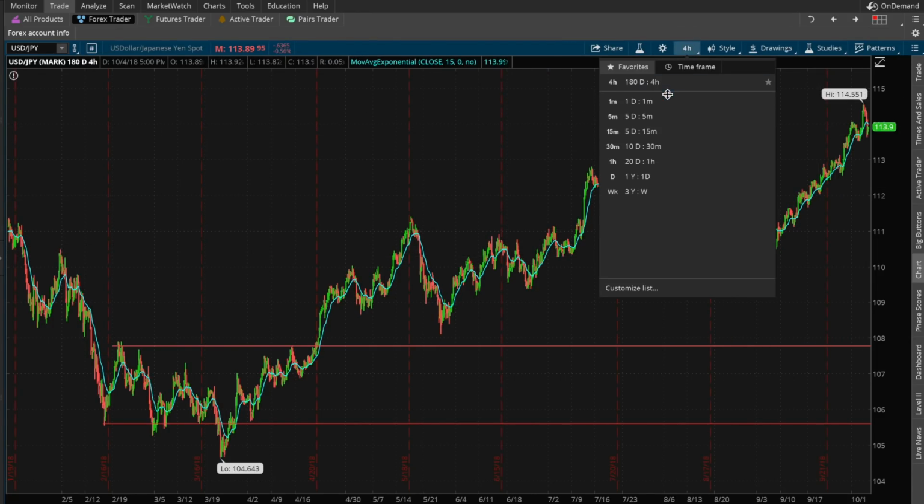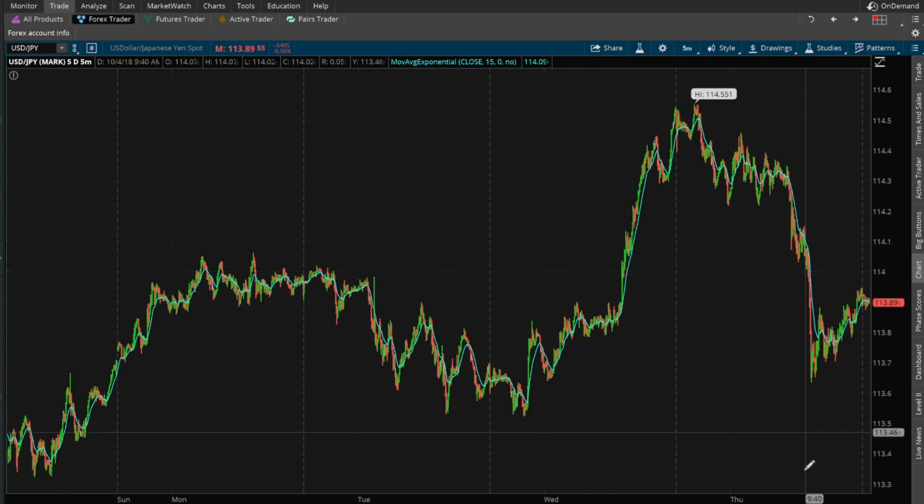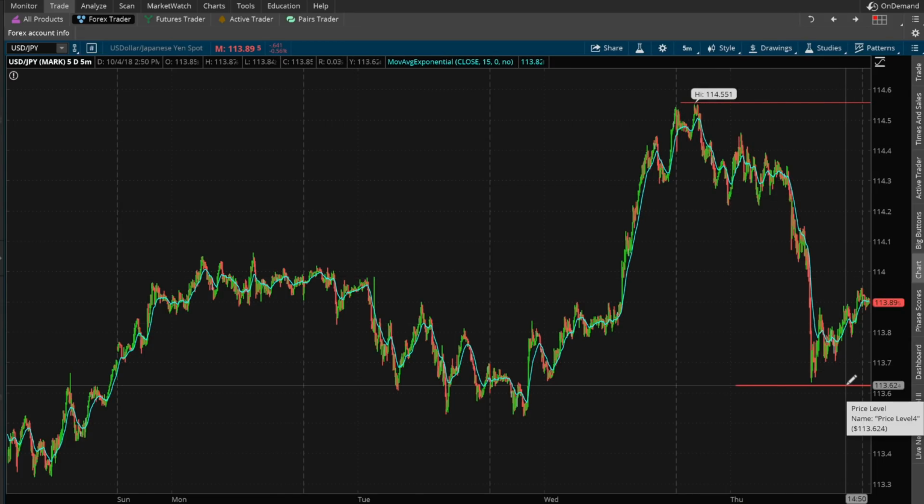So if we zoom in here, we could see that today it took quite a dip. It made highs at 114 and it made lows down here at 113.64, which is about 90 pips. So that's a good spread right there. I can make the assumption that it can go from 114 to 113 just in one day, right?